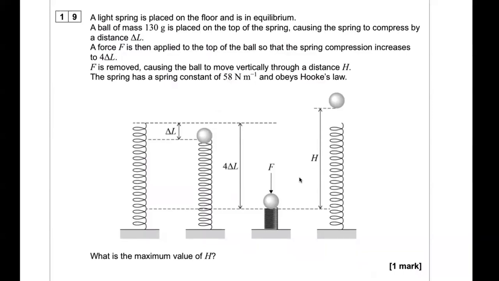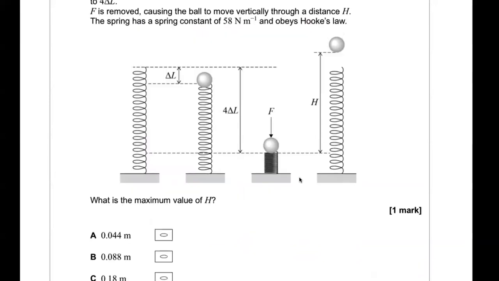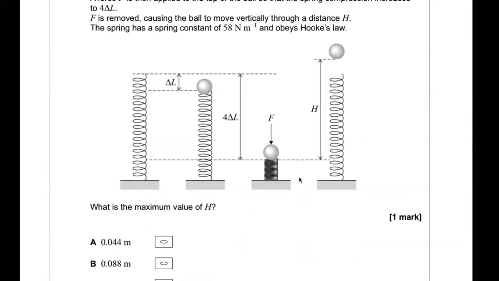And then it says F is removed, causing the ball to move vertically through a distance h. The spring has a spring constant of 58 Newton per meter and obeys Hooke's law. What is the maximum value of h?